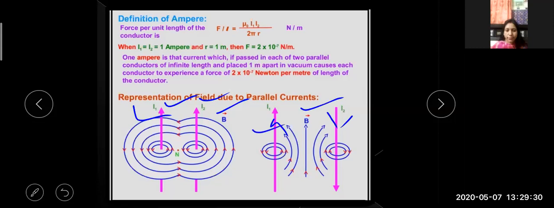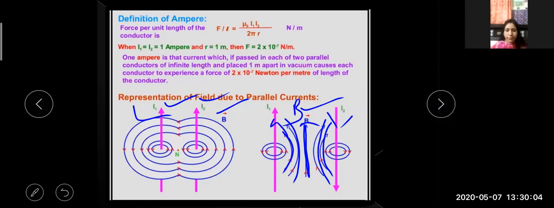Here the magnetic field lines are in clockwise direction, in this anti-clockwise direction, and in this clockwise direction. When we draw the magnetic field lines, it looks something like that, and for this conductor, the magnetic field lines will be this. At the middle of the conductors, it will be linear, parallel. It will be a uniform magnetic field, right?